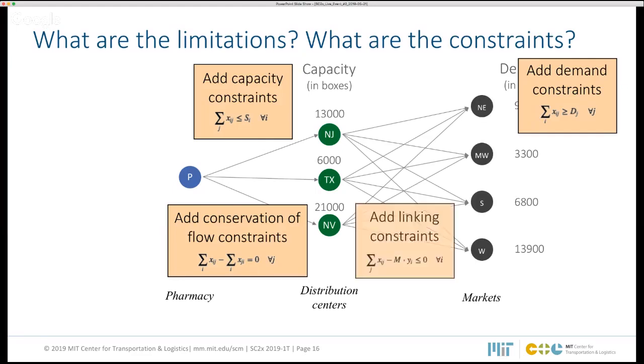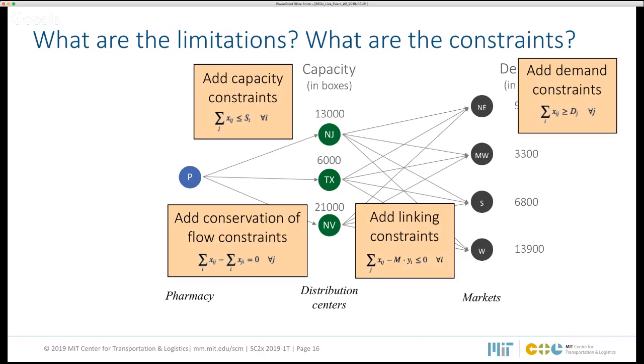And finally, we also need to add linking constraints. Why do we need to add these constraints? Because we are making a decision of opening or not the facility. So every time that you make a decision to open or not the facility, you need to link somehow the flow that is coming through the facility with that decision. And the way to do it is using a linking constraint.